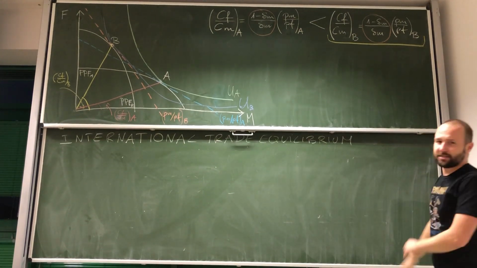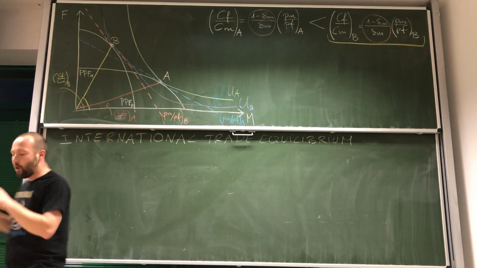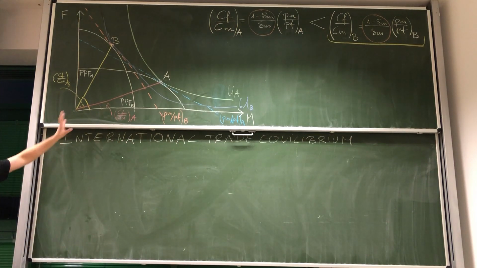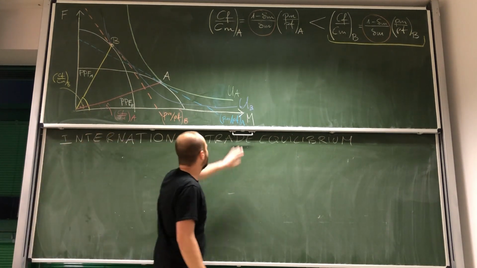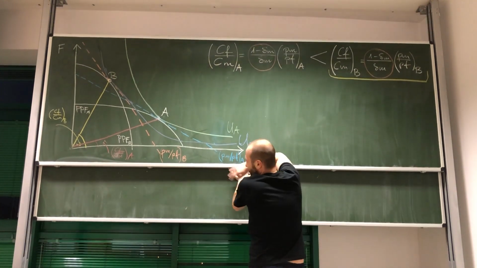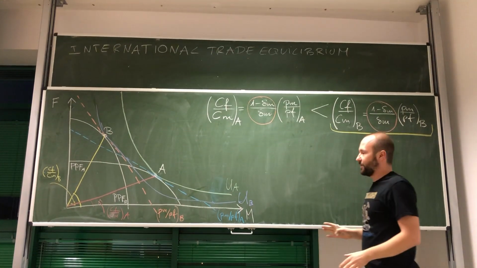what is going to happen if now we are opening the two economies? Now the two economies are starting to trade with each other. You know, I'm going to write it here because I will need a lot of space there later. Okay, so what is happening?